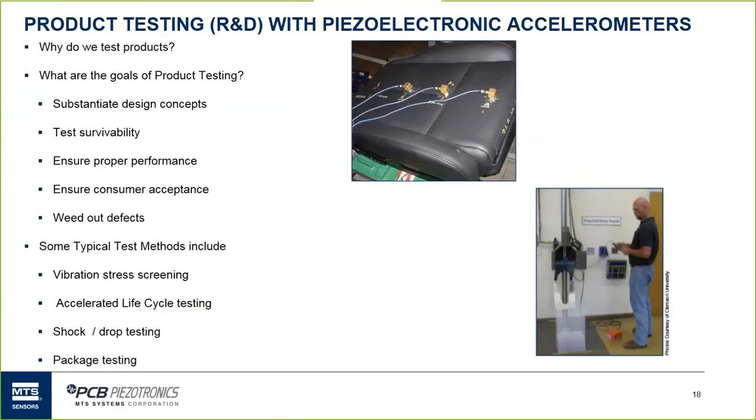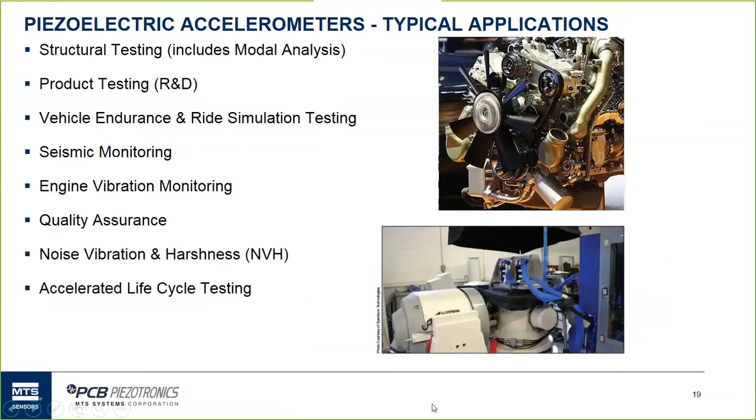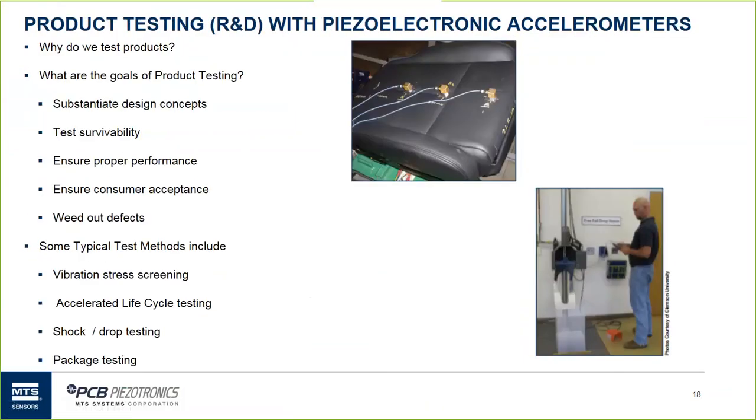Shock and drop testing, we're actually dropping a product or dropping a package. Package testing in itself, that alone is quite an art. And so this gives you an idea of some of the things you may want to look at when using accelerometers in research development. Why would you use them, and what are the kind of methodologies you might want to use to get there?